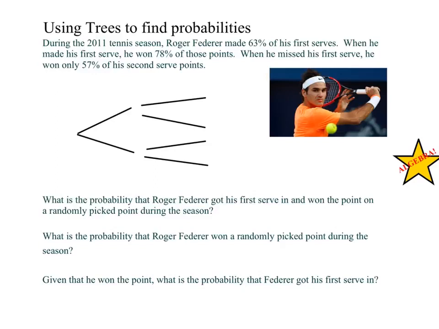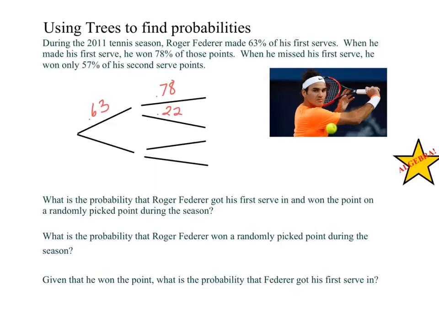So I read this like a two-step thing, okay? So to begin with, he made 63% of his first serve. So probability he made a serve was 0.63. And if that happened, he won 0.78 of those, meaning he lost 0.22.